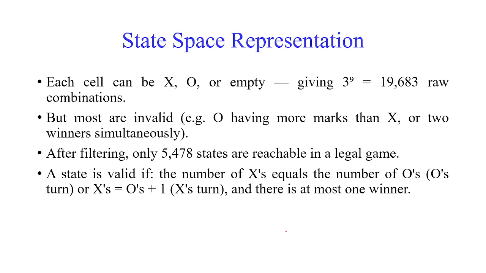What are the 3 states? You have this board with you. So each of the cells can be in any one of the states: X, O or empty. So the number of combinations is 3 raised to the power 9, that is 19,683 combinations. See the combination?